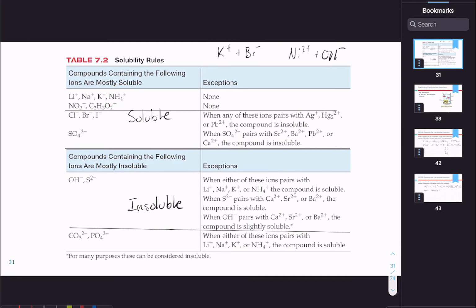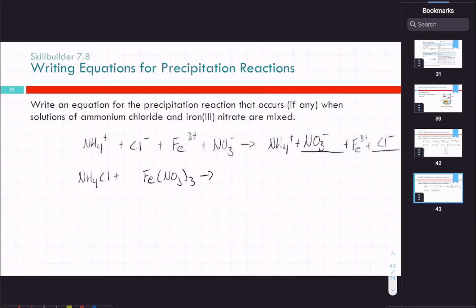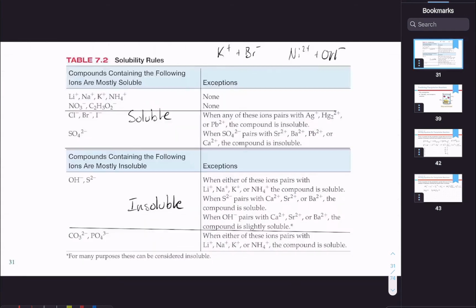So the only one that we actually have to check for is the other, which is iron chloride. So again, cations generally aren't on here, but we have chlorine. When any of these ions, so it is soluble, and we don't have an exception for iron. So both of these are soluble. So it's no reaction.